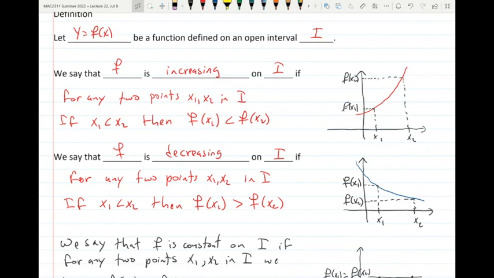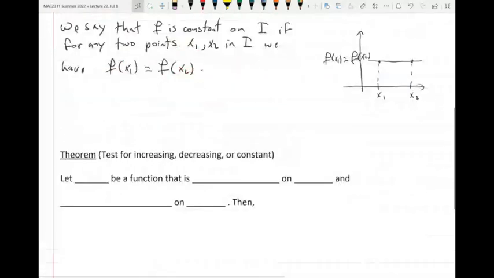To argue these types of inequalities for an arbitrary function, the formula could be complicated, and then this may not be easy. So we want to find something that may help us figure this out a little bit easier. So the question is, how do we detect the monotony of f from the formula without having to rely on the basic definition? And as you know, the answer lies in the derivative.